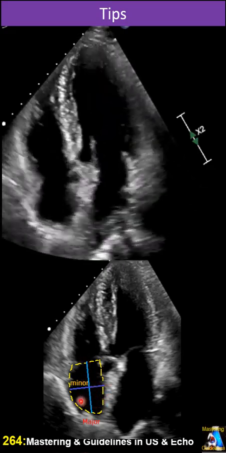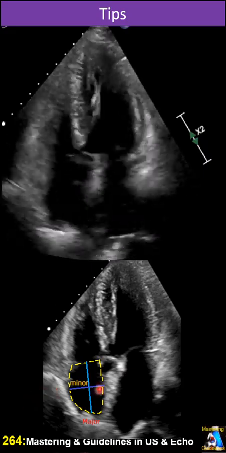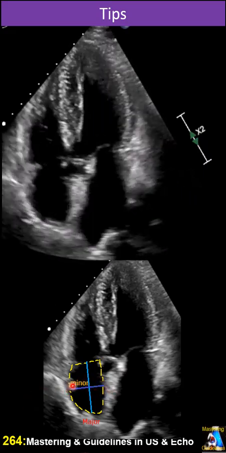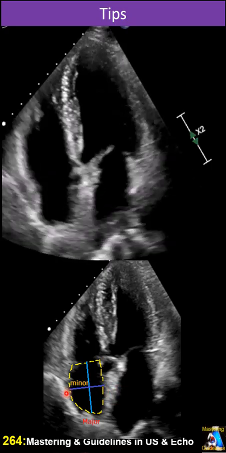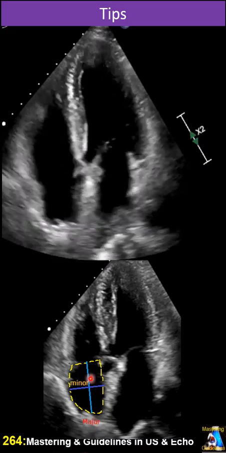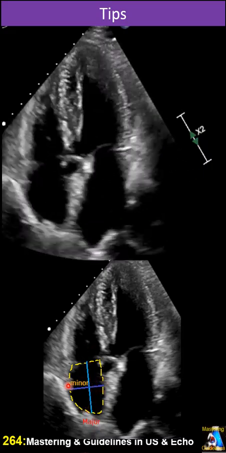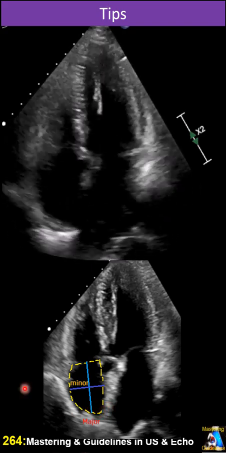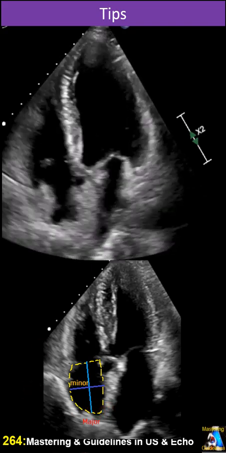And then for minor dimension, we find the largest spot on the transverse here, then make it perpendicular to that major axis at the largest inner to inner. That will be our minor diameter.